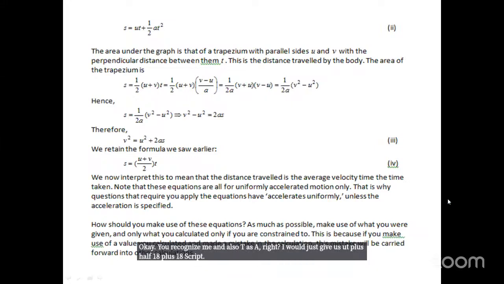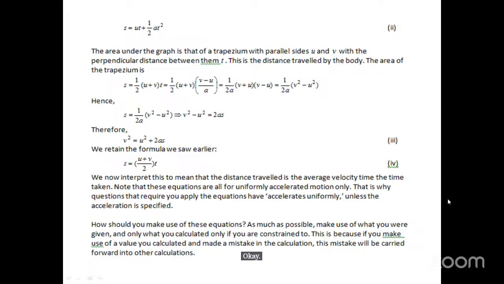The area under the graph is that of a trapezium with parallel sides U and V. Look at that. The parallel sides are U and V, and the perpendicular distance between them is T, right? Use the area of a trapezium.